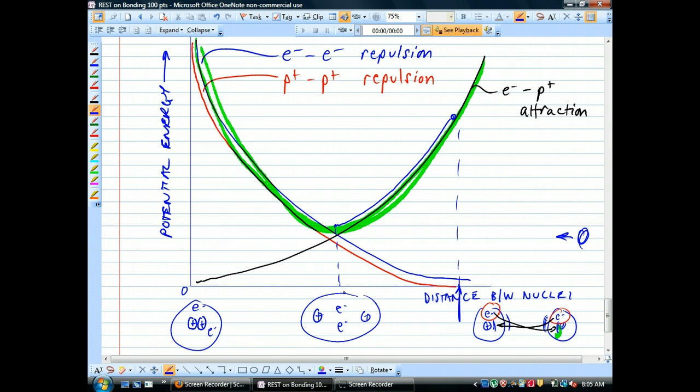So it's going to move to some middle point, which is the minimum potential energy. And I have a little illustration of this.